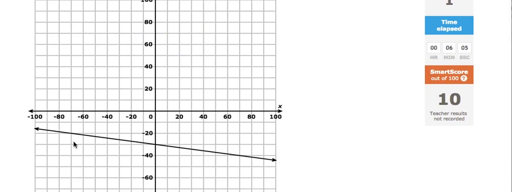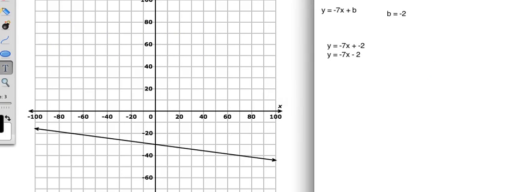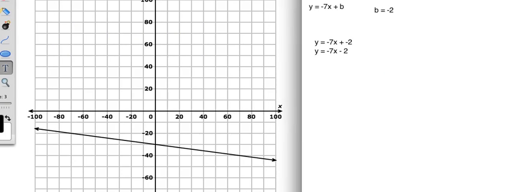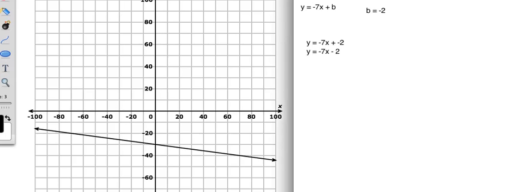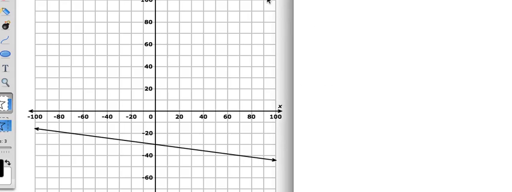I've got a line here. First things first, I need its, let me make some space here for a second. Okay. I know that I'm looking for y equals ax plus b.